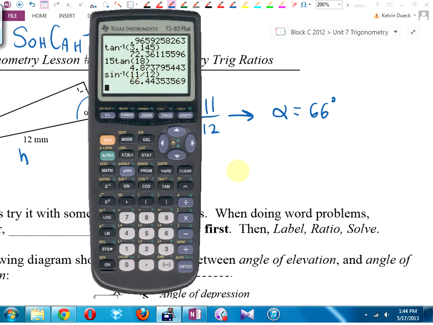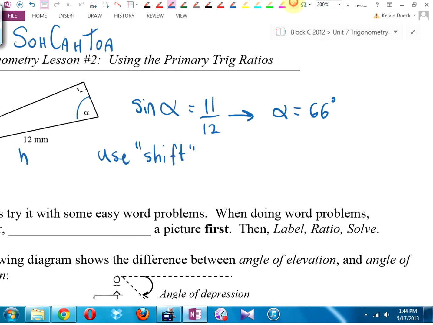If I was fussy, here's really what I would say. Alpha equals the inverse sine. That little symbol -1 is a symbol for shift or inverse of 11 over 12. I'm not fussy, but just in case you see that somewhere written as work, you'll know what it means. It means they hit the shift button of sine with an 11 over 12 inside the brackets, and they got 66 degrees back.